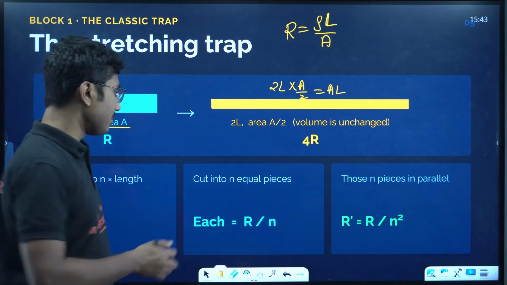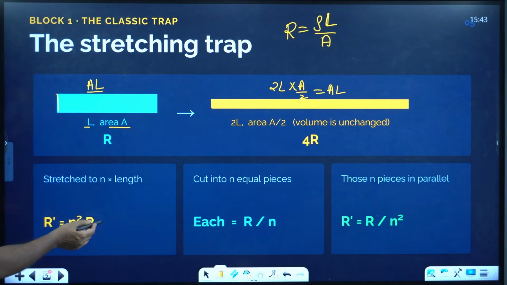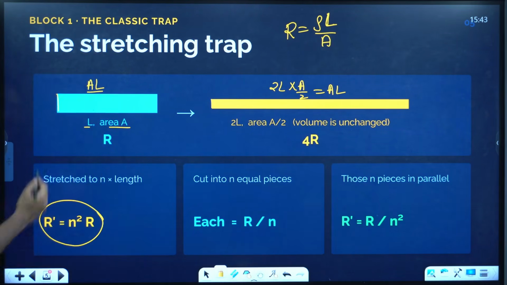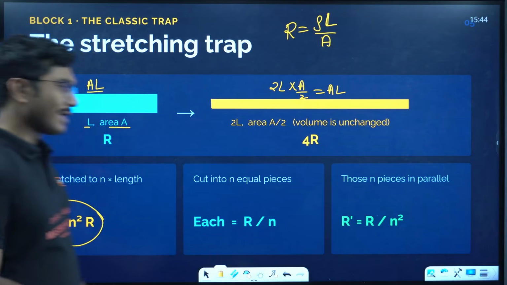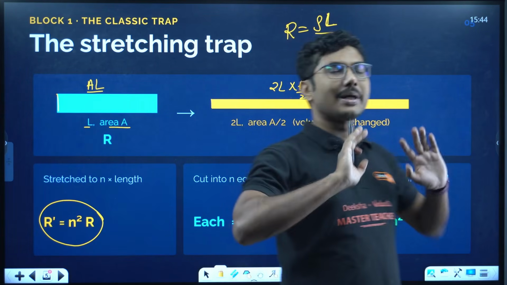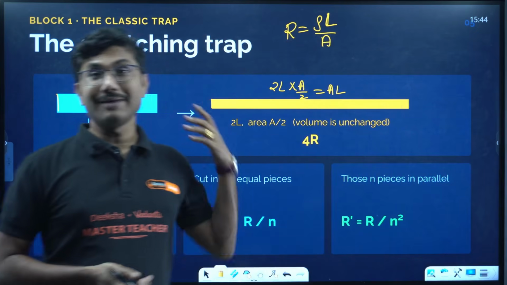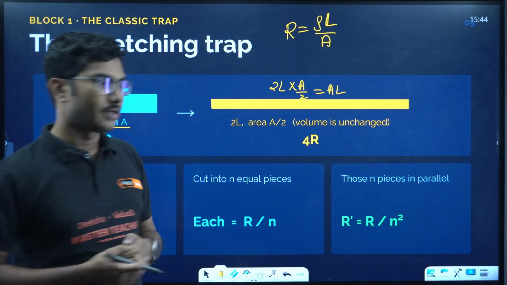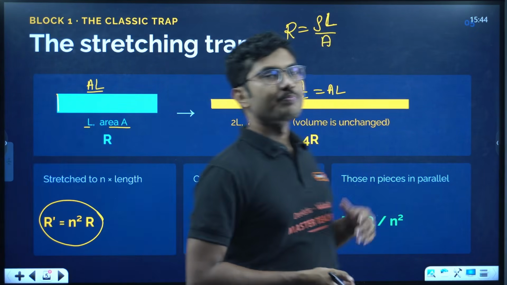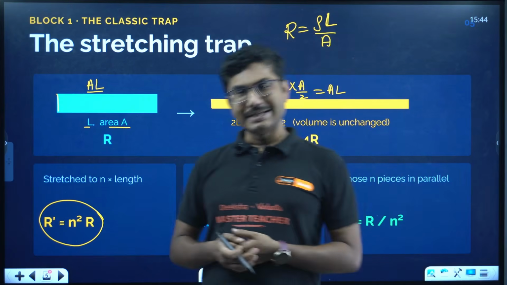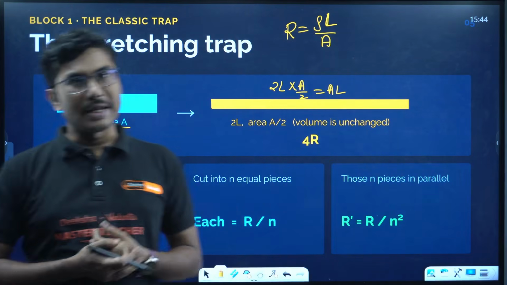You only need to remember that whenever you are stretching the wire, the new resistance is n squared R. What is n? n is the factor by which the length is changing. If it is doubled, n is 2. If it is tripled, n is 3. If it is 5 times, n is 5.